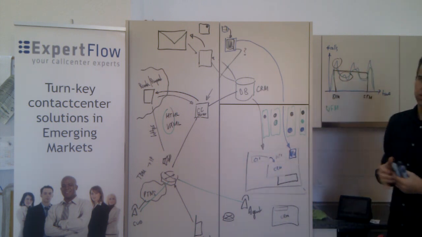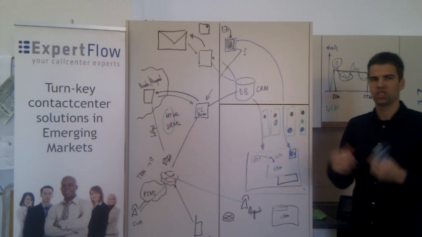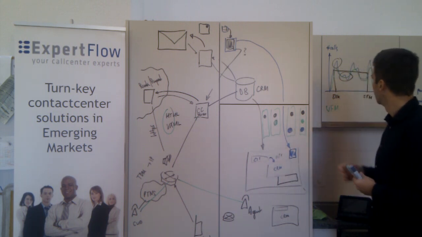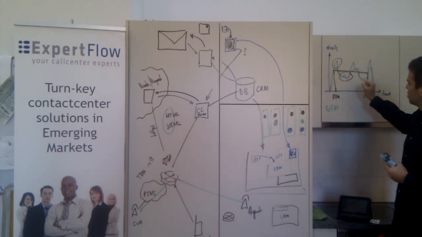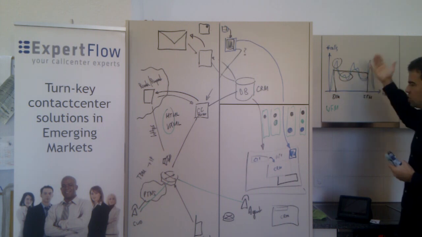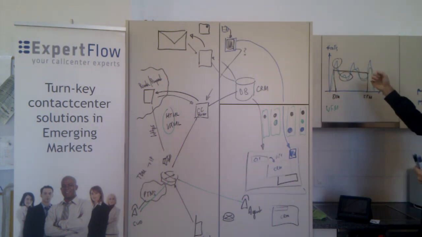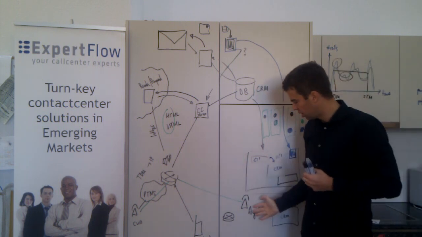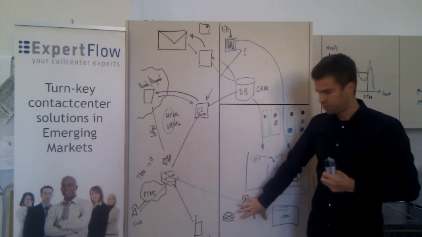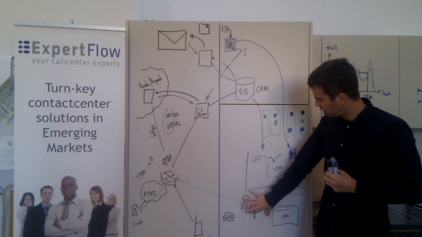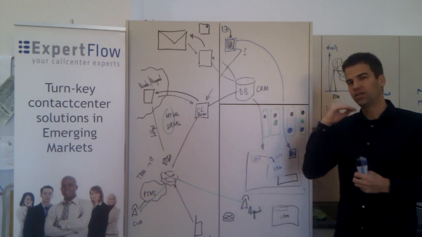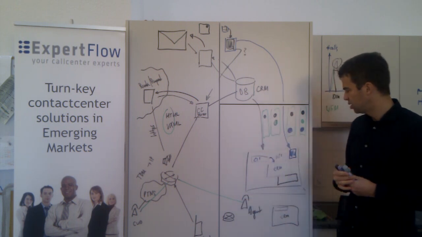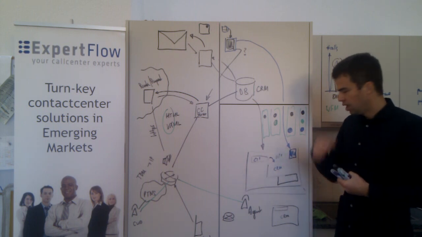Another aspect of agent-centric statistics might be related to quality management. So you can say, okay, I want to record the calls of the agents, and the calls will then be analyzed and evaluated by quality management staff. They will listen to the calls and score each call according to different metrics. So, for example, did the agent greet the caller properly?